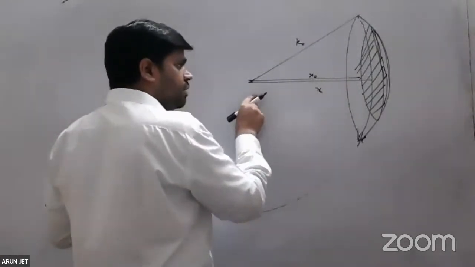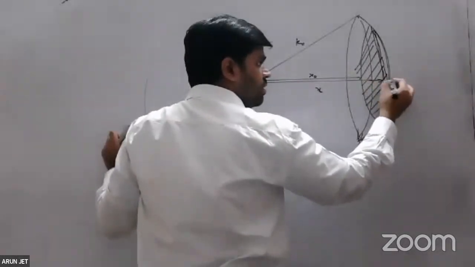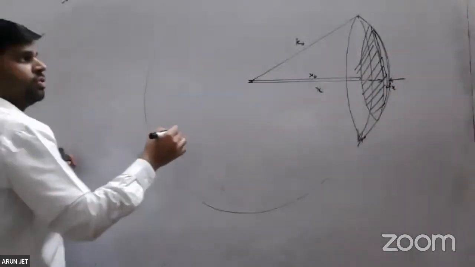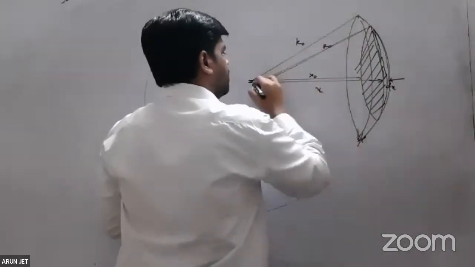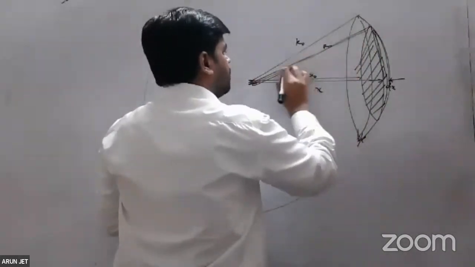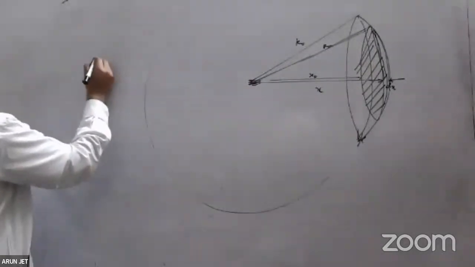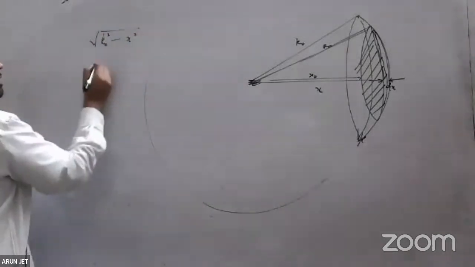At a distance x, I consider a disk of width dx. So what is the radius of the disk? Square root of R square minus x square is my radius of the disk.